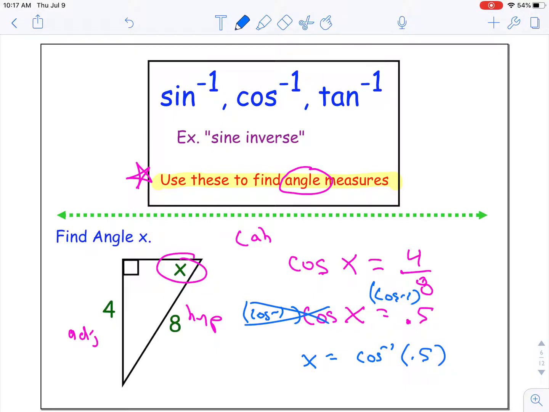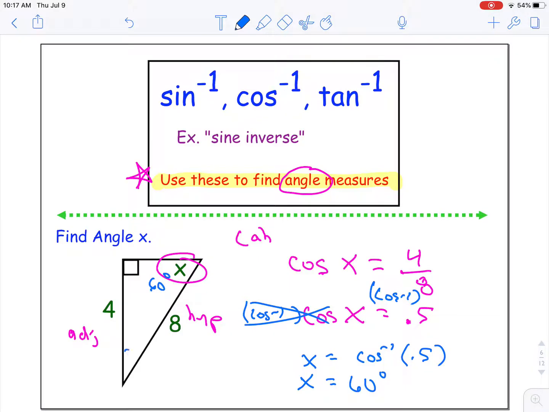And so on your calculator, you simply type in inverse cosine, and then you could put in 4/8 or 4 divided by 8 or 0.5, and that's going to give you 60 degrees. So that's how we find a missing angle.